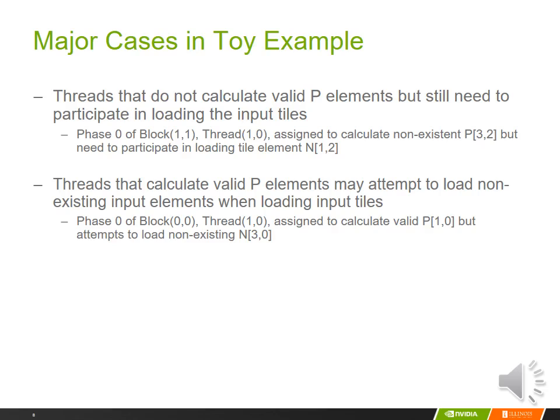So this really suggests that we need to be able to test different conditions for each thread when loading tile elements versus when performing inner product calculation and writing to the output element. And this is exactly what we're going to do in our kernel design.